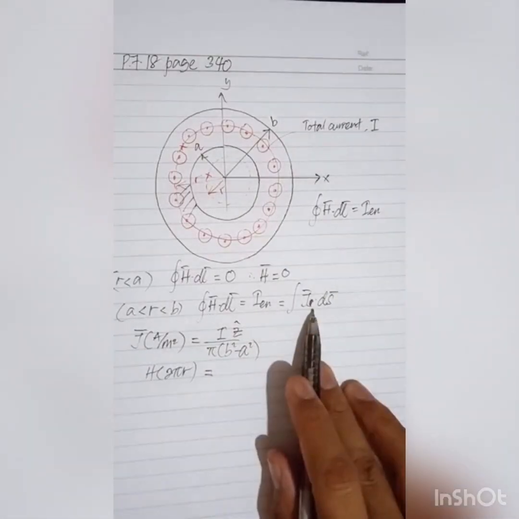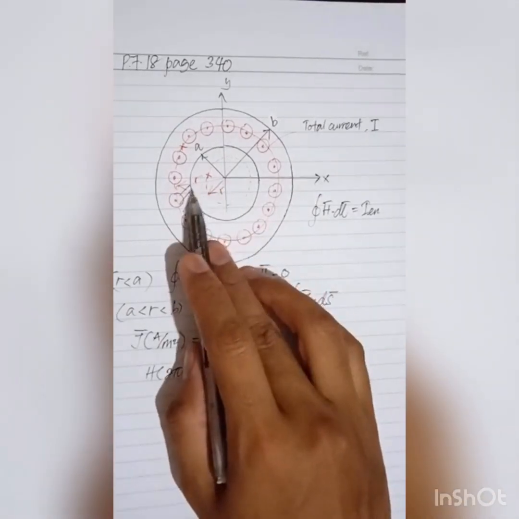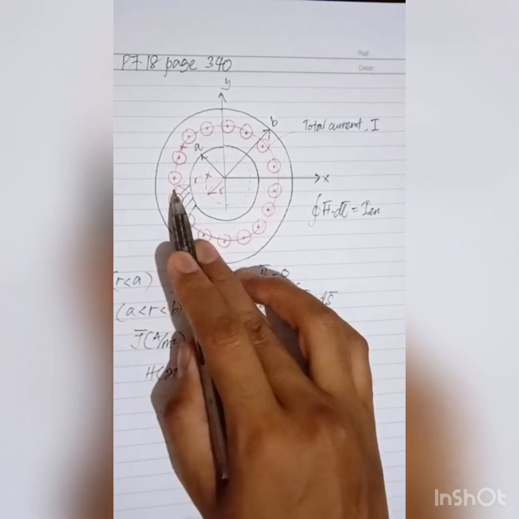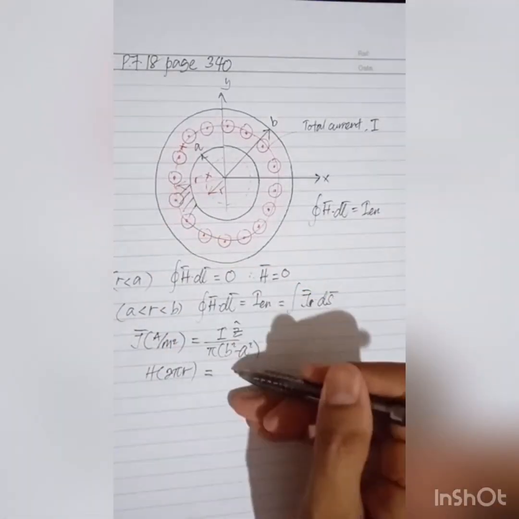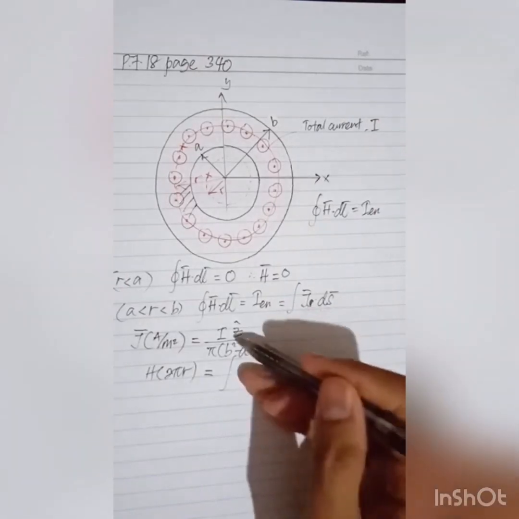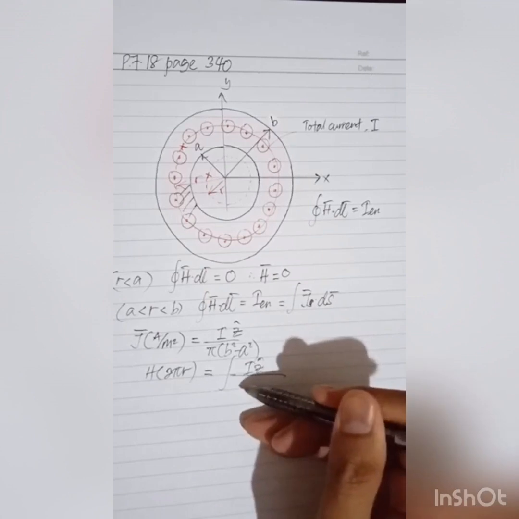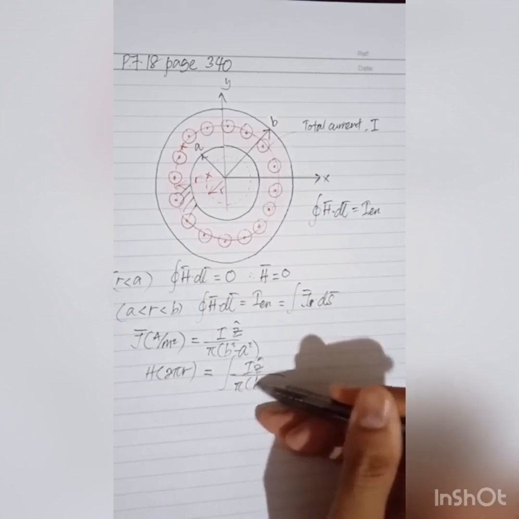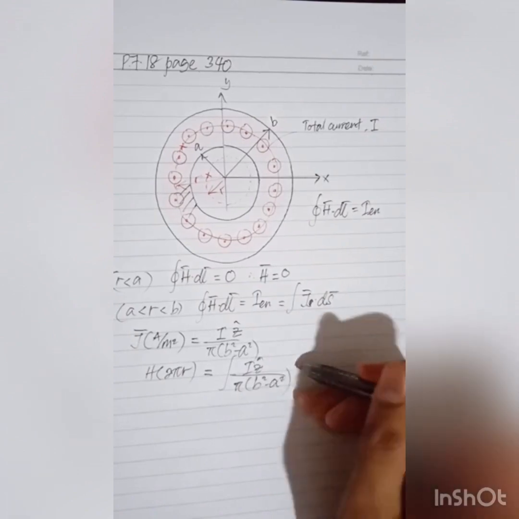Now to find the current enclosed, again, I would like to remind you the current now only exists between r equal to a until r equal to r. More than r, no current will be considered, right? So now just put the integration of the J given previously, I z component, pi b squared minus a squared, a dot.